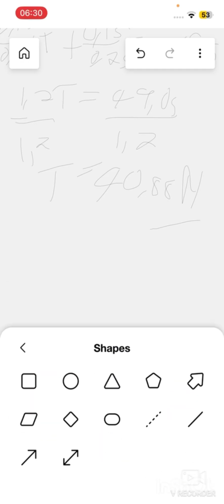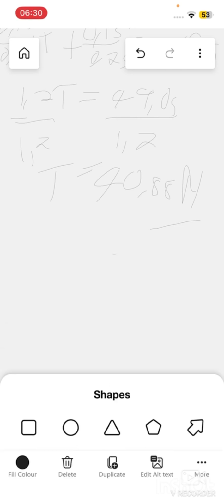The force polygon. This one is going to be a little bit tricky, but it's not a train smash, guys. We're going to draw the force polygon.